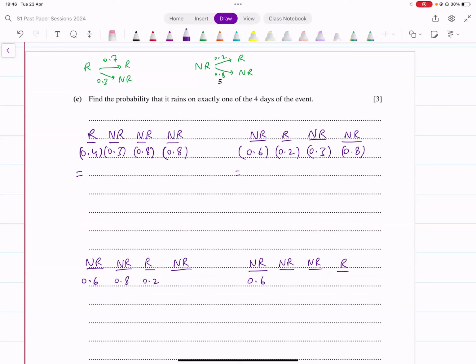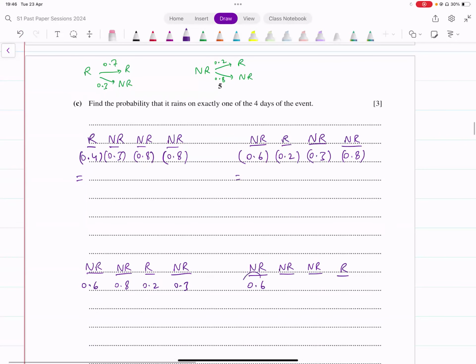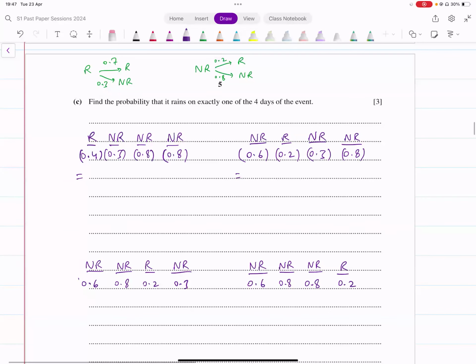And then not raining again? 0.3. And then it did not rain the first day, and still it did not rain the second day as well. 0.8, and then 0.8 again, and then raining after not raining the previous day. That will be here, 0.2. This is what we get. These are the four cases that we get.